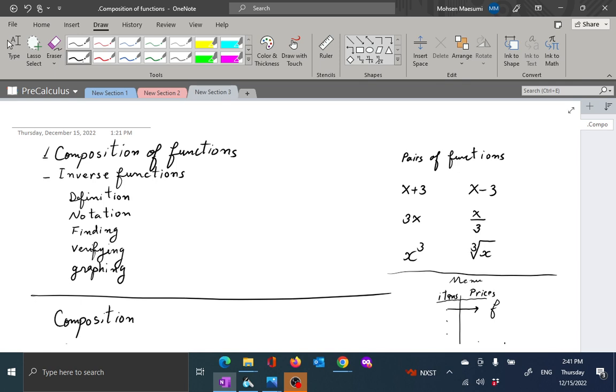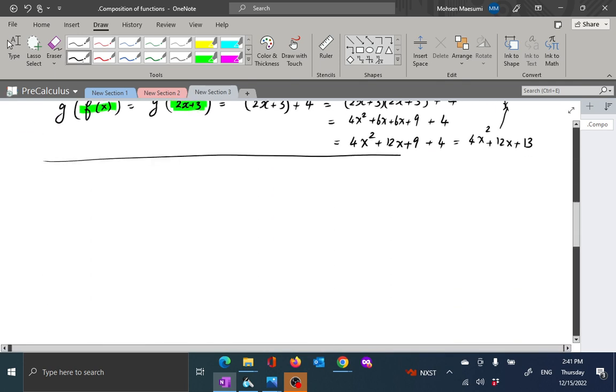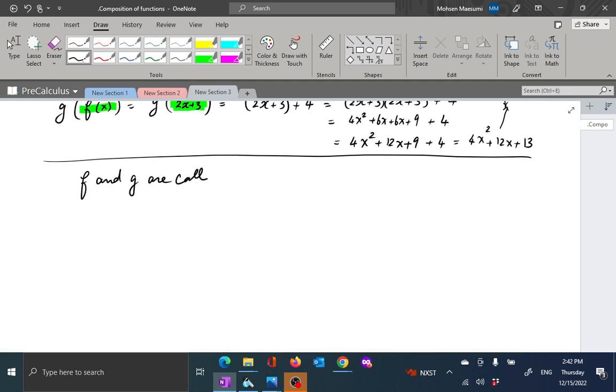So the idea of inverse functions is that f and g are called inverse functions if you take the output of g and give it to f, then f is going to undo whatever g has done and give you x back.